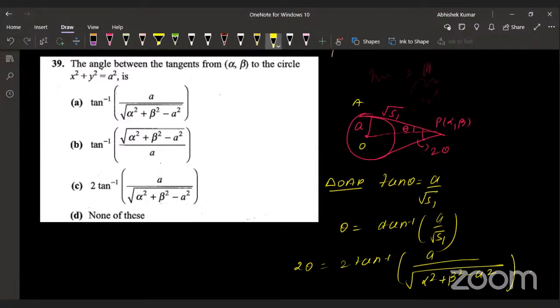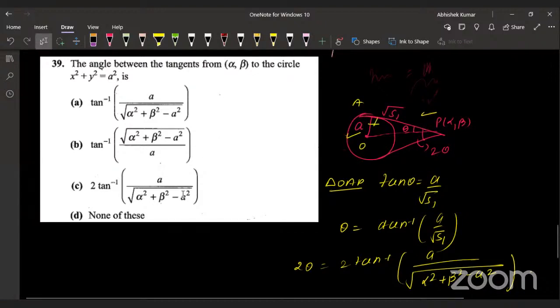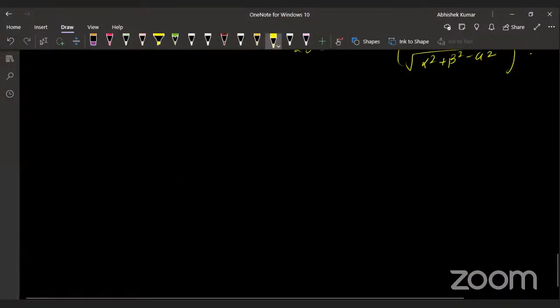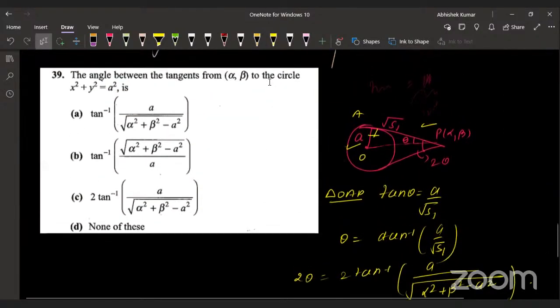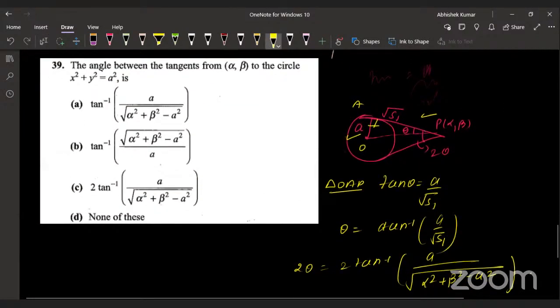No, I wrote tan only. But for tan you need perpendicular and base. Why did you calculate OP? That's the hypotenuse. Yes, I made a mistake, I guess. Scroll up a little, I want to see your figure. Here is the question.